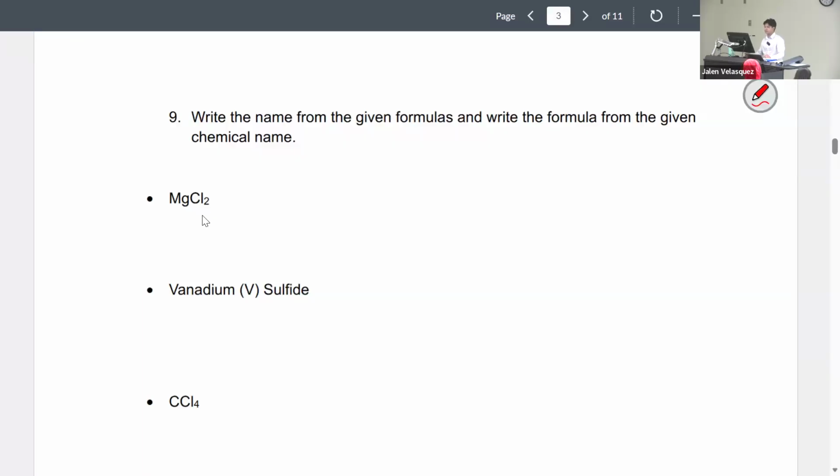So magnesium we know is a metal, and the chlorine here is a nonmetal. So remember, the anion, the second element, the suffix gets dropped and it gets replaced with ide, IDE. So MgCl2 becomes magnesium chloride.